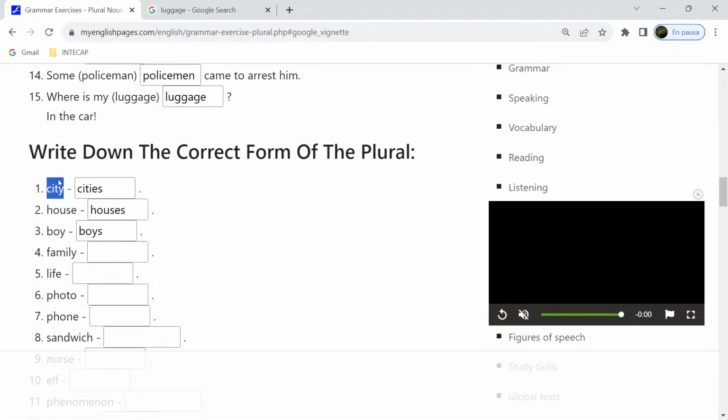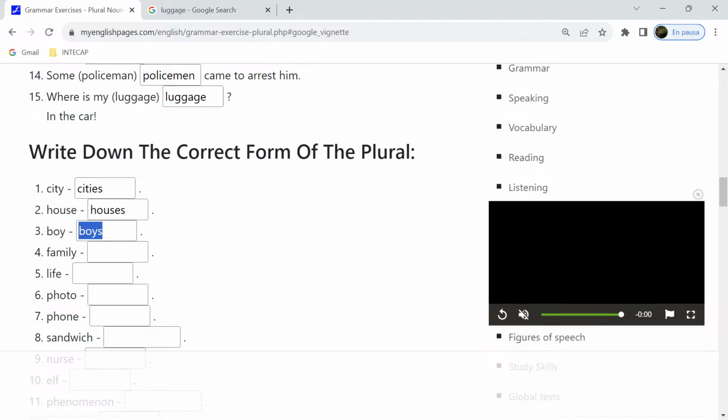So two syllables, and I can apply that rule. But with boy, it's just one syllable. So here we have a special case or special scenario that we have to take under consideration. So therefore, the plural of the word boy is boys. Just add the S.